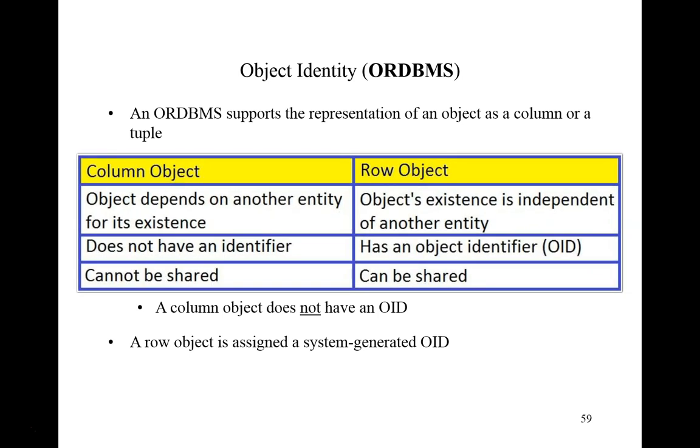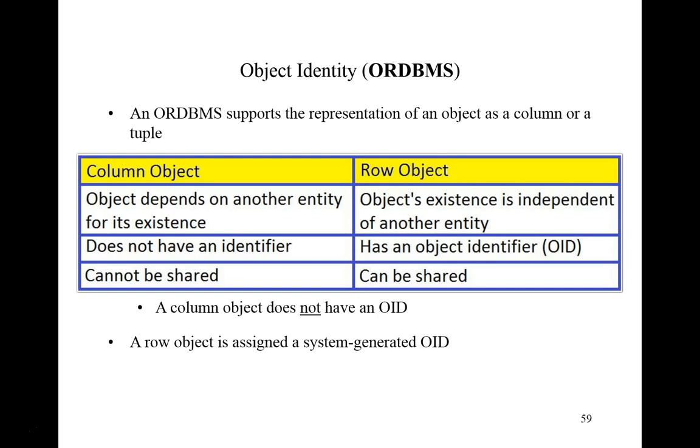Thus, if an object is to exist in its own right, it should be instantiated as a row object in an object table or a typed table.